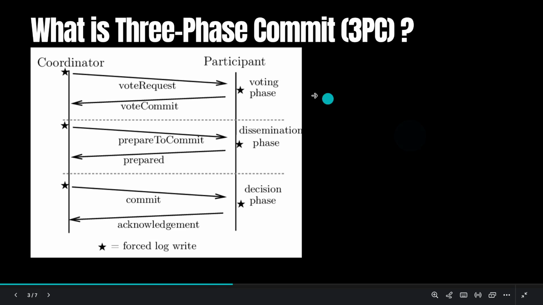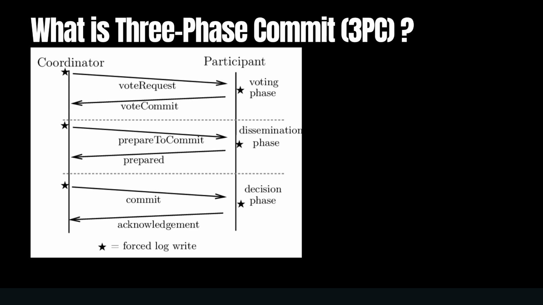Okay, so what exactly is three-phase commit? The three-phase commit, or 3PC, is an extension of 2PC designed to eliminate this blocking behavior. It aims to achieve atomic commitment while being non-blocking in the face of coordinator failure, provided that network partitions do not occur.